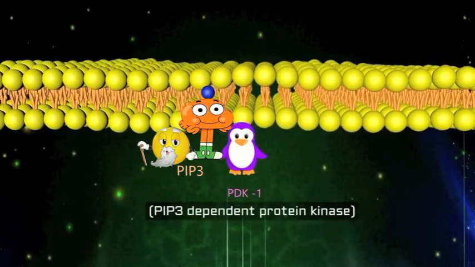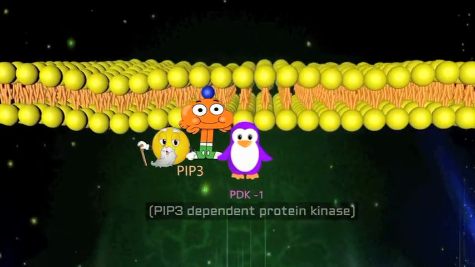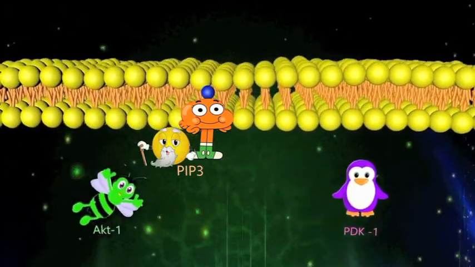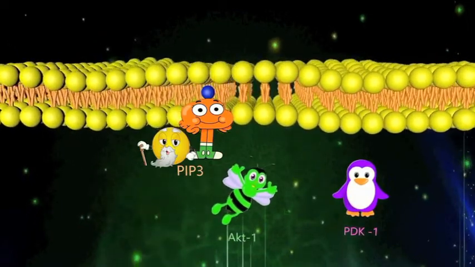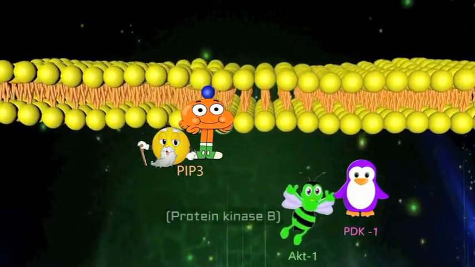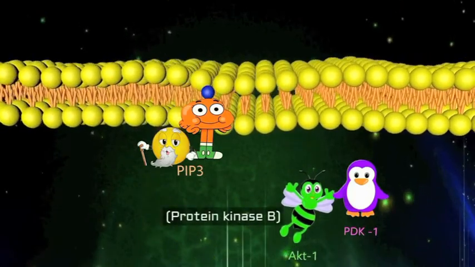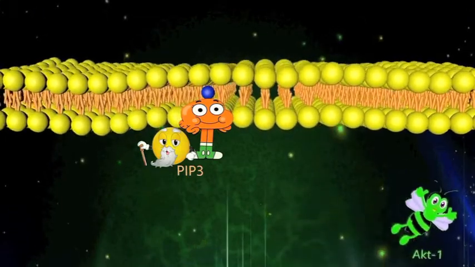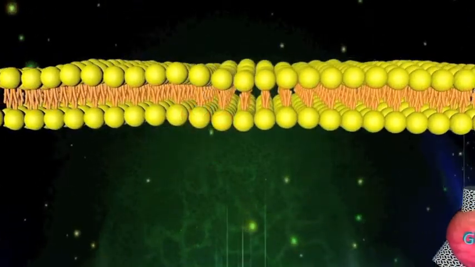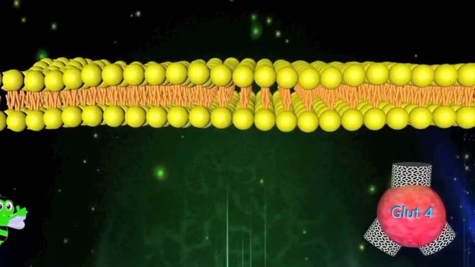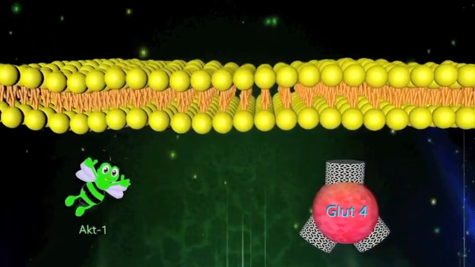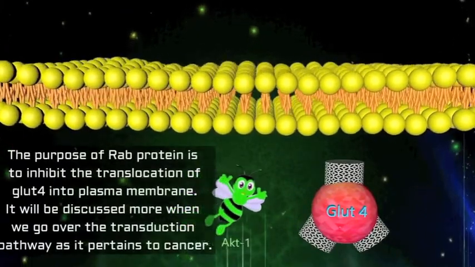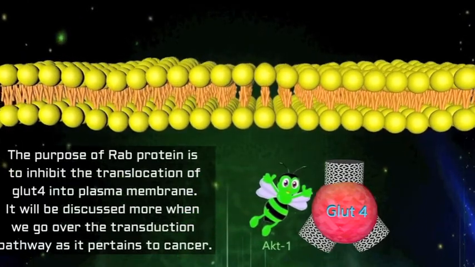Once it binds to this protein kinase, it is able to activate an important protein kinase, known as protein kinase B. It is also known as AKT. After that, AKT goes towards GLUT4 vesicles, which are glucose transporters. Once AKT activates the GLUT4 vesicles, by inhibiting Rab protein, GLUT4 vesicles can freely merge with the cell membrane.